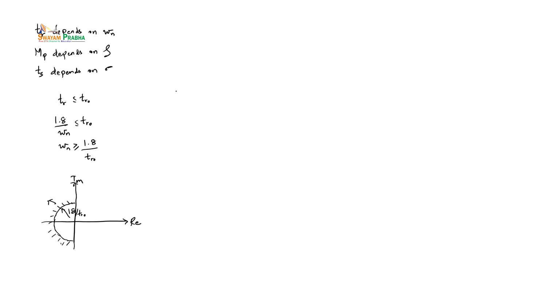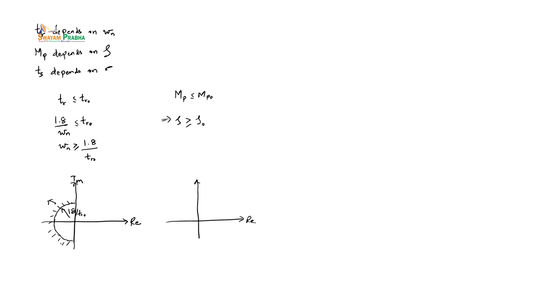Similarly, if we have Mp less than or equal to Mp0, and since Mp depends on zeta, we get the condition that zeta is greater than or equal to zeta0. Now, zeta corresponds to the angle made by the poles in the S plane.